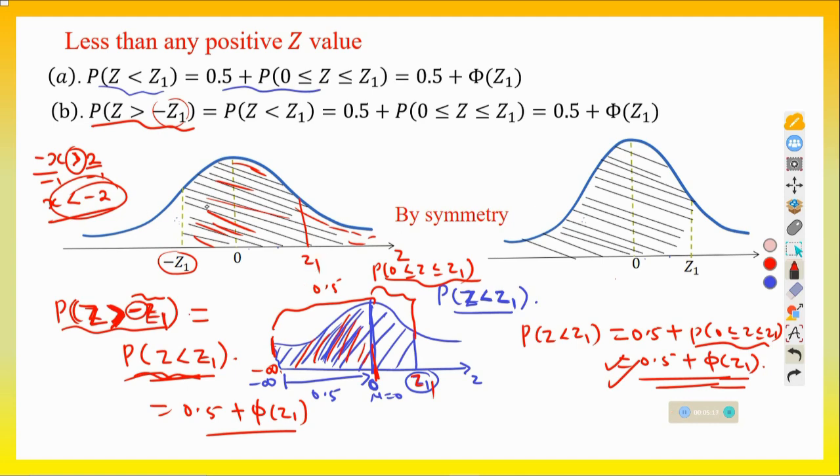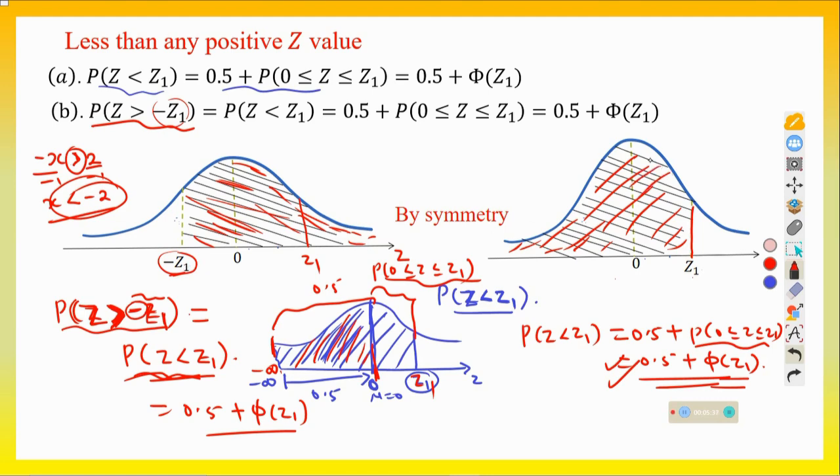It means by symmetry, if I'm considering the whole of this region here, it will be the same region as someone who has considered the whole region here, because this is your z1, the same value that you considered for negative z1.